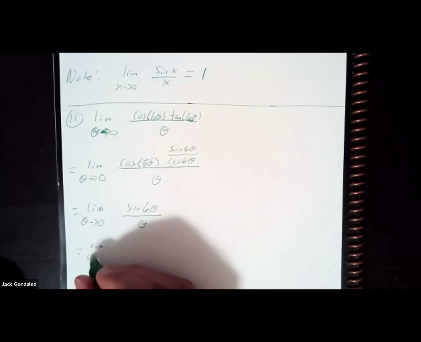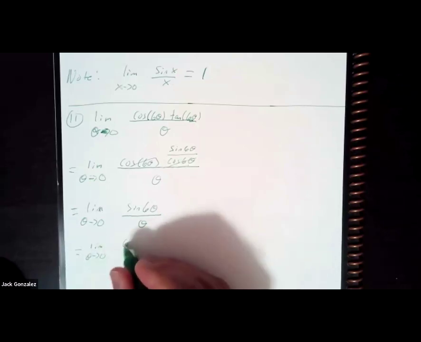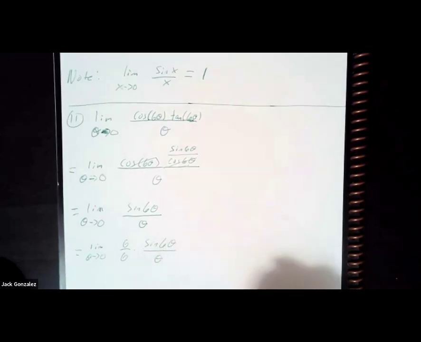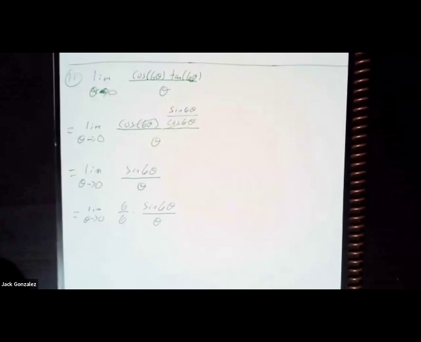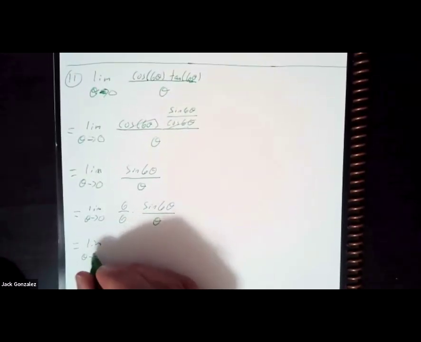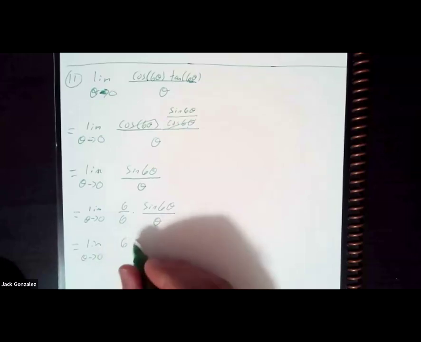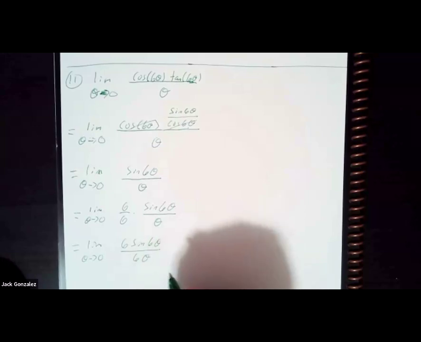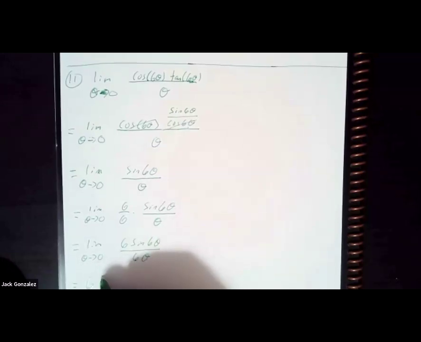I'm glad we did this one, right? So we get the limit as theta approaches 0 of 6 sine 6 theta over 6 theta. So just pull out that other 6 and then deal with it later.